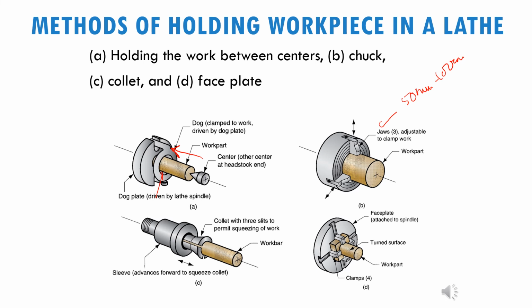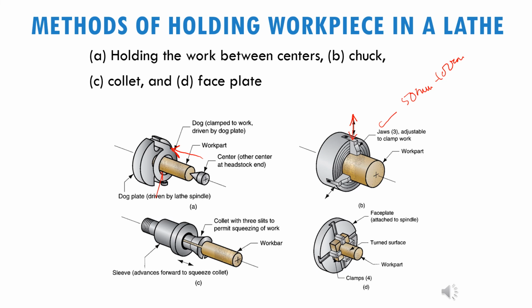Okay, other than that you can also use 4-jaw. Okay, so this one depends on the type of the workpiece and the dimension of the work part that we use. So this one can be moved out and in. Okay, so this one is the one that you use in the workshop. Okay, apart from that, we also have the collet.